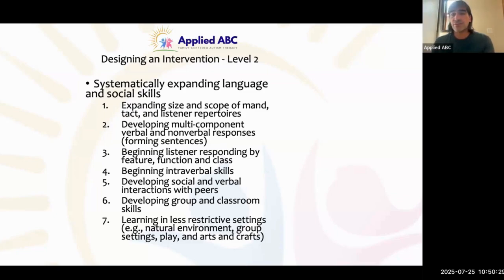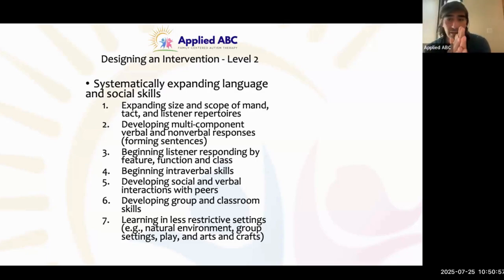Developing verbal and social interactions with peers. This goes into the importance of social engagement. Again, we really need to teach how to interact with kids. That doesn't come naturally to a lot of our learners, but also to generalization. If they can only do these things with a parent or only do these things with an instructor, it's not nearly as functional and useful. Developing group and classroom skills, being able to respond to group instructions.